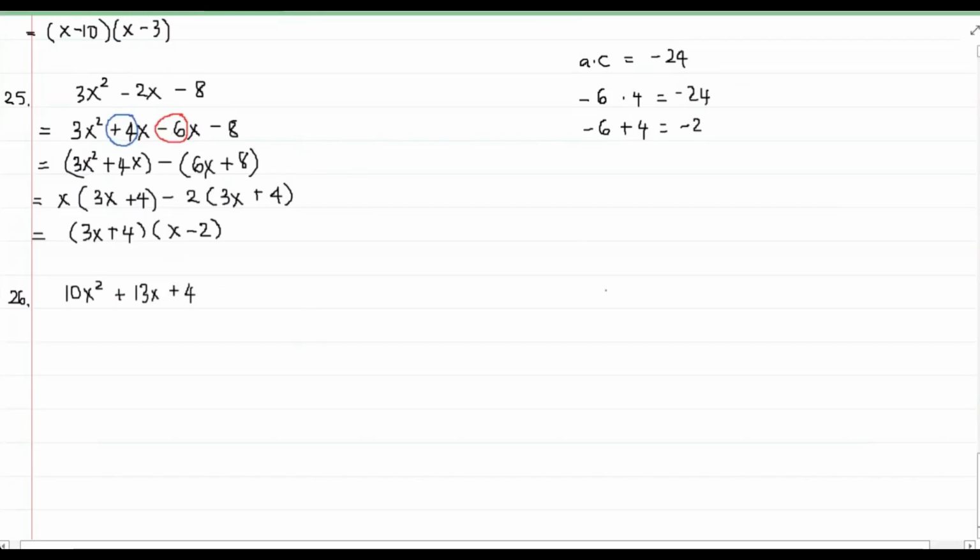Okay, A times C is 40. So I can say if I find 5, and then I have 8 plus 5 is 13. So that's good to go, right?